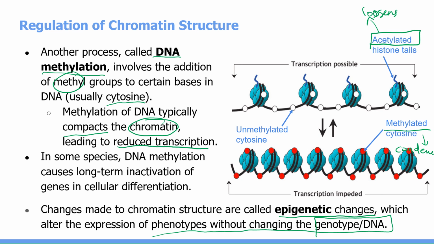So again, that tells us a lot about how identical twins, identical in their genetics, look different. Because again, the manipulation of the chromatin structure causes different expressions of phenotypes without changing that DNA.